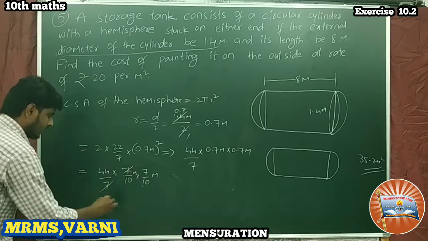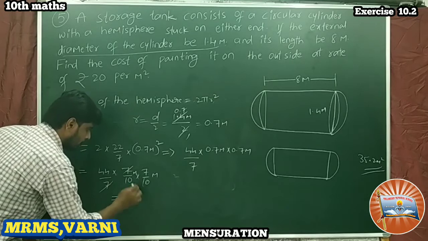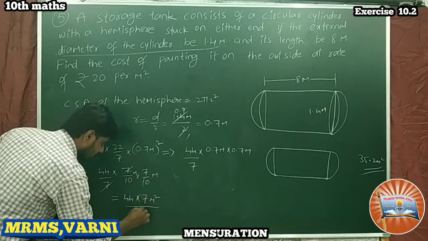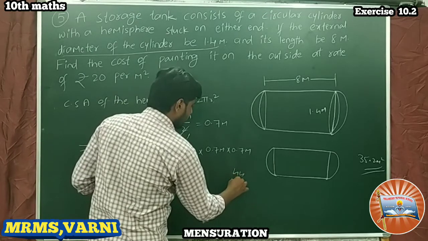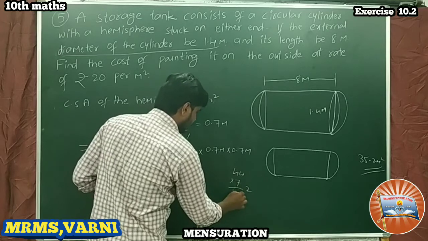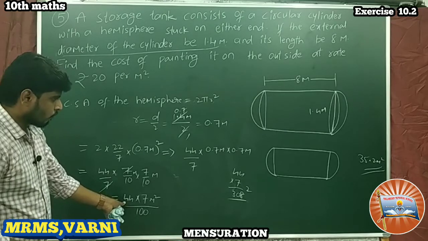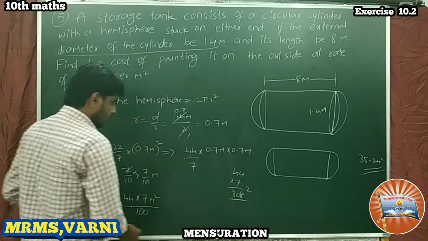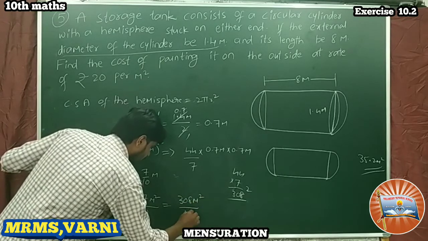Okay, so 7 gets cancelled, 44 into 7, meter square, 10 tens 100. So we need to multiply 44 into 7, 7 fours are 28, 8 here, 7 fours 28, 30, 308, okay. So 308 meter square by 100.